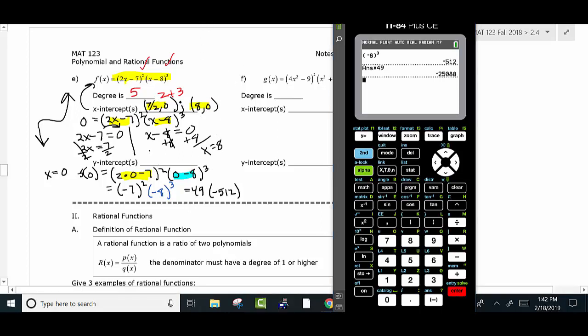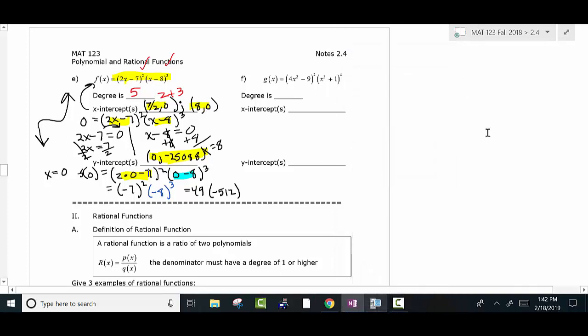Okay, so your y-intercept would be (0, -25,088). Now that one's just got to have a calculator to get accurate because the numbers are pretty big. You can't do the y-intercept in your head on these problems because it's harder since you've got those exponents.